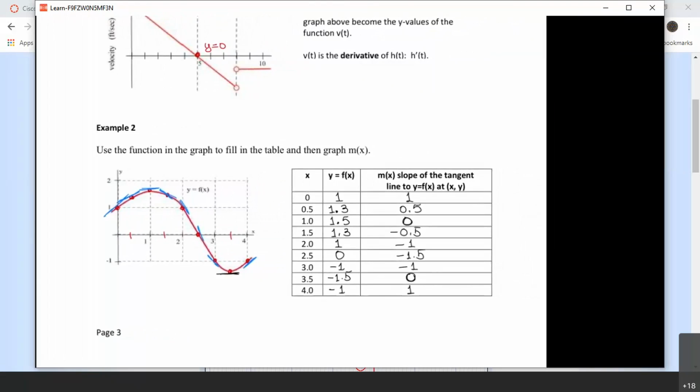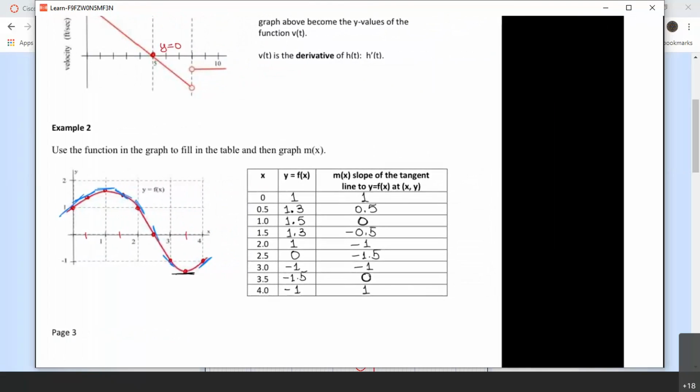Now again, if I plot these as y values with the x values, basically I'm looking at the y values and plotting them with the same x values. Here's what I would get.